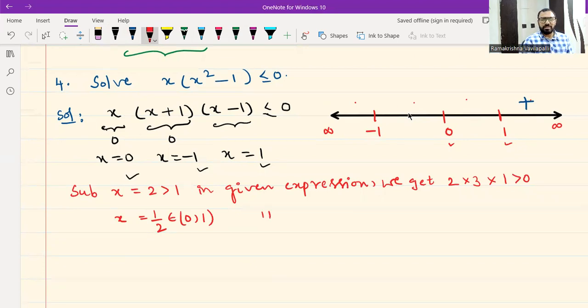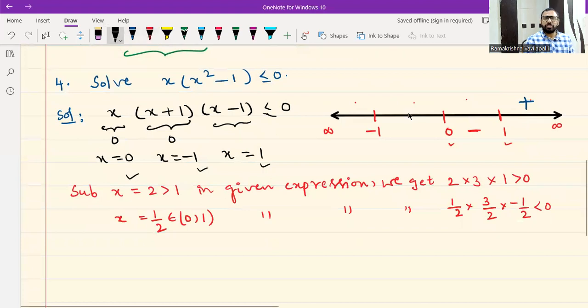Substituting x equal to 1 by 2 in the given expression, we get 1 by 2 into 3 by 2 into minus 1 by 2. Don't take unnecessarily complicated numbers. So this product is negative, which means if you take any number between 0 and 1, you will get a negative sign. So keep that negative sign below the real line.